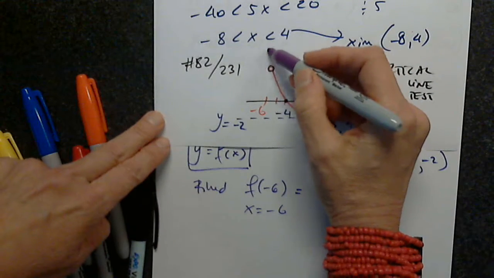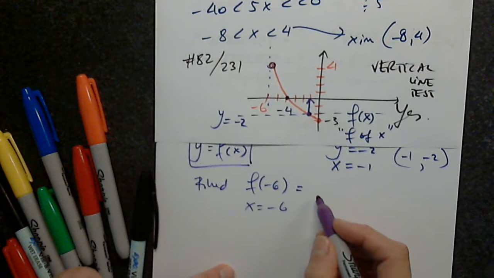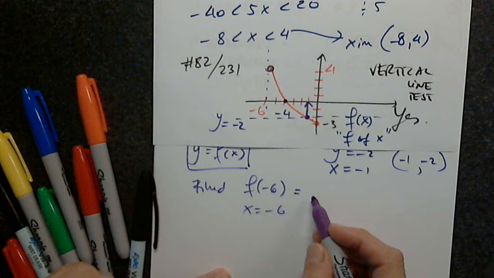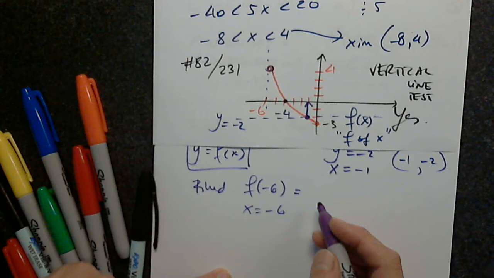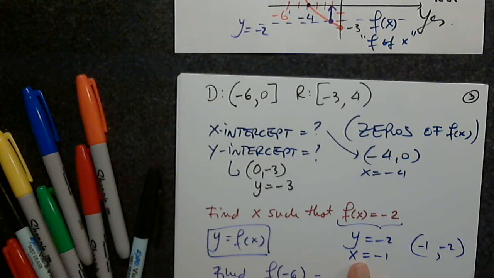So I draw a vertical line at -6. Look at the domain. f of -6.